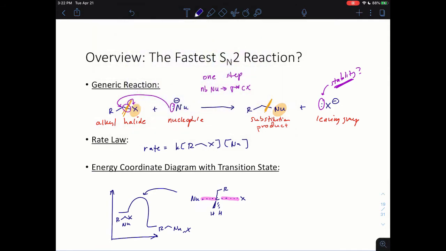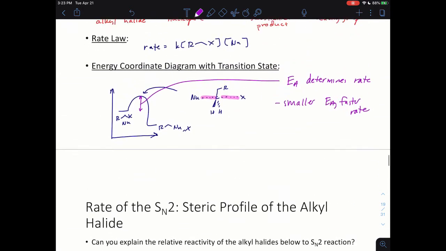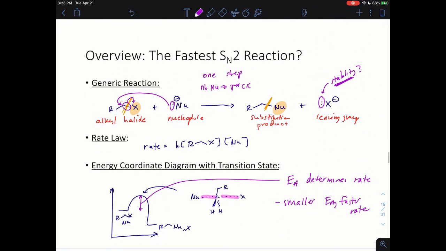And one last note here before we move on. The size of the activation barrier is going to determine the rate of the SN2. The smaller that activation barrier, the faster the rate. So we're going to take this one step at a time.